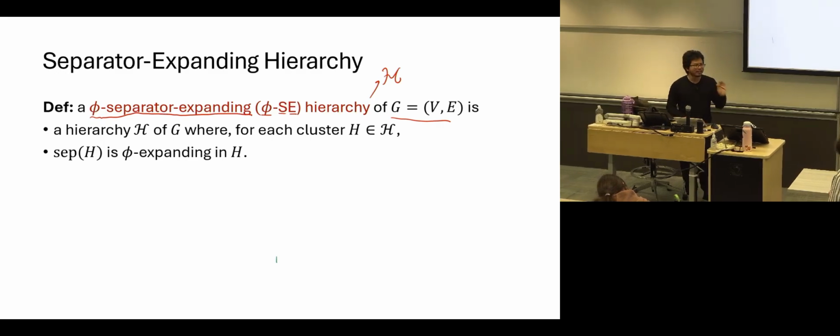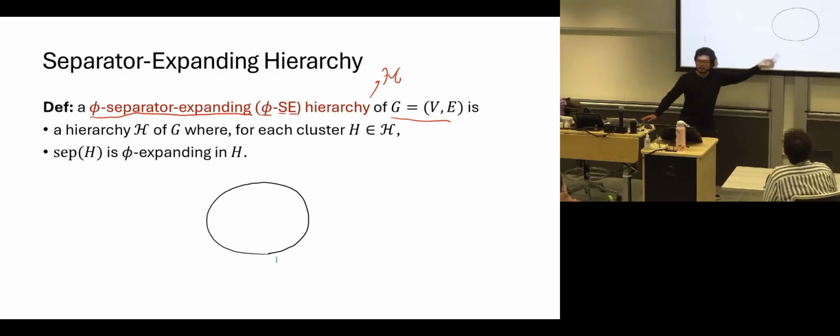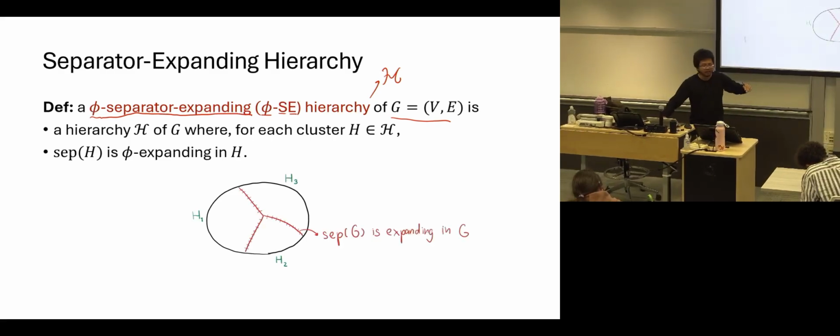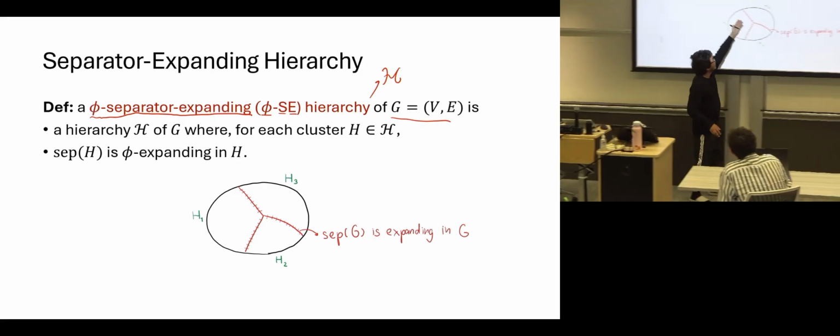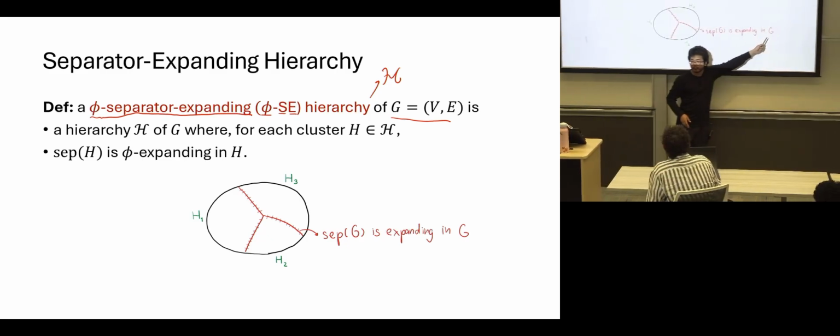Let's look at the picture. If I have the whole graph, it has some separator that separates it into children. This separator is expanding in the whole graph.